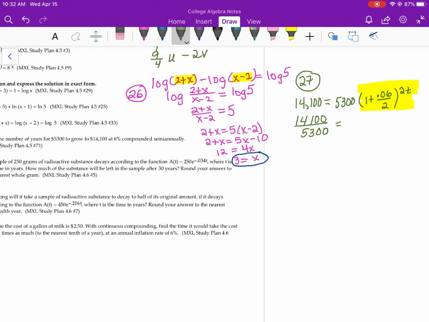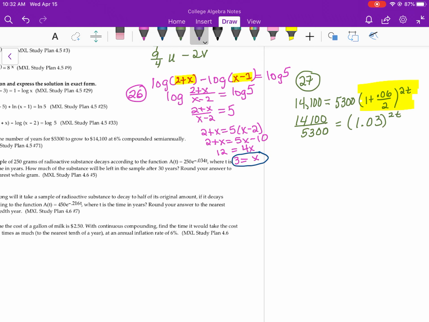There's no sense in doing extra rounding at the beginning of your problem, because you will lose accuracy in your answer if you round too early. Now the 0.06 divided by 2 is 0.03, so I think that's fair game for condensing that down.